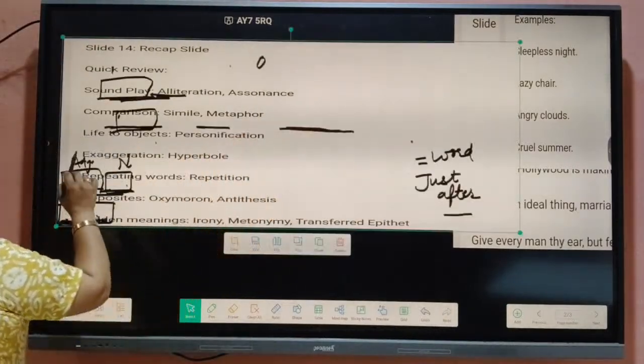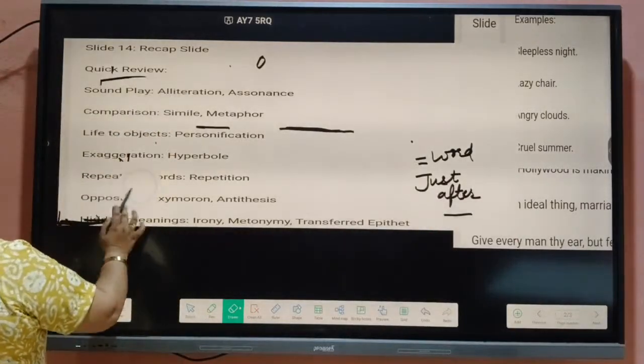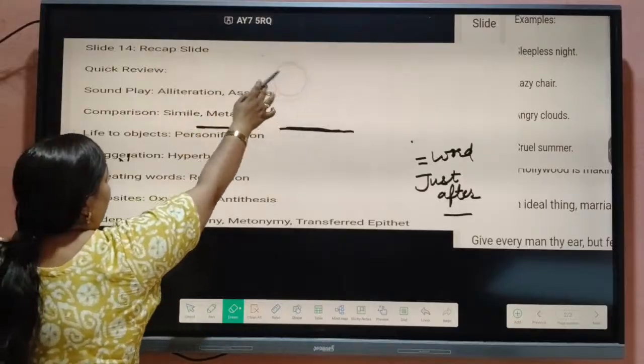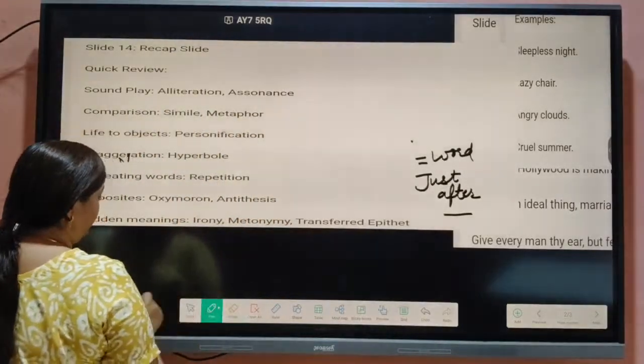Now we will recap all the things which we have learned.